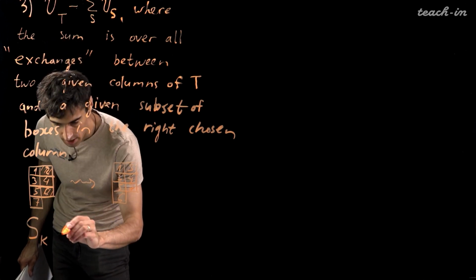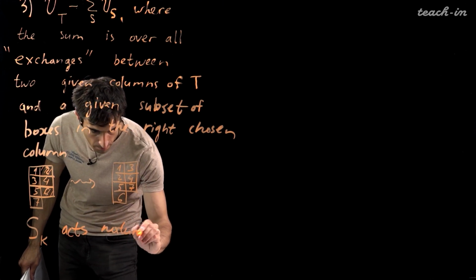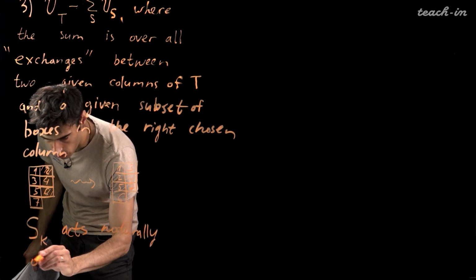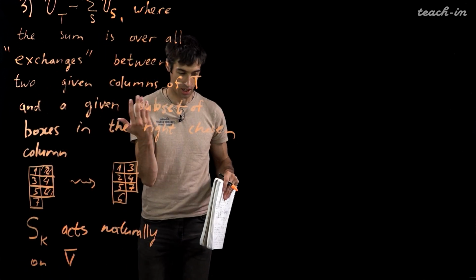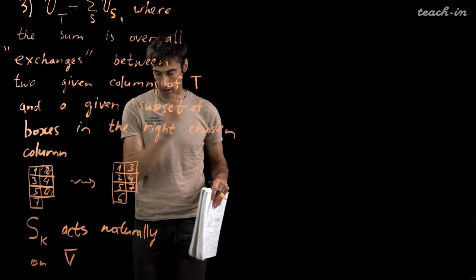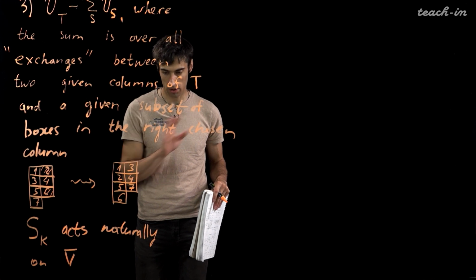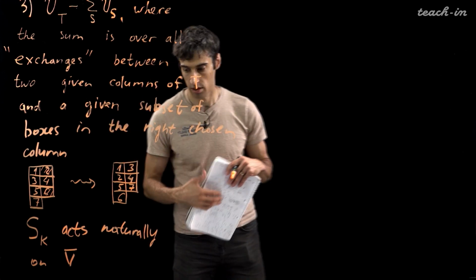So it acts naturally on V bar. How does it act? Well, V bar has k factors in the tensor product. So Sk actually permutes these tensor factors.